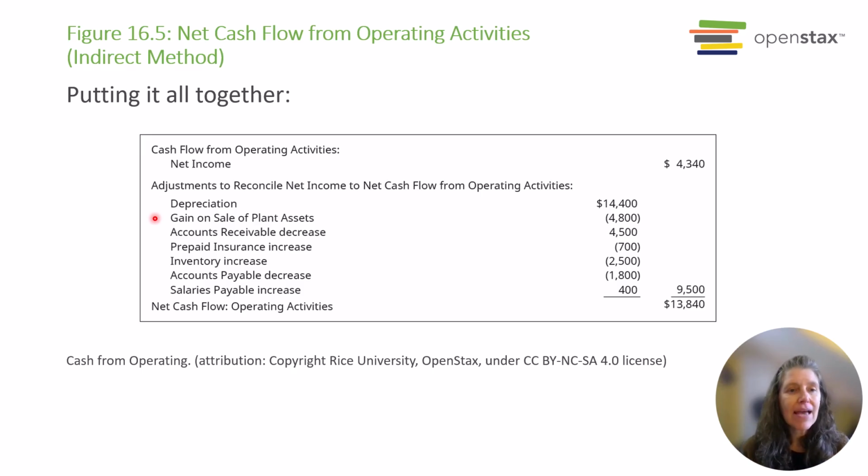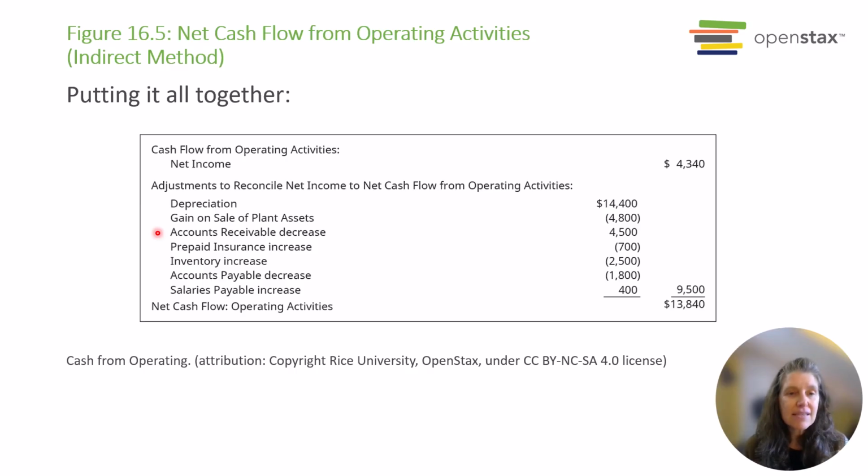Then we're going to manage those other gains and losses, getting them out of this section because this isn't where they belong. So any gains on asset sales will be subtracted. Any losses will be added back in. Then we go to our balance sheet current assets section, skip over cash, right? Beginning with our accounts receivable.